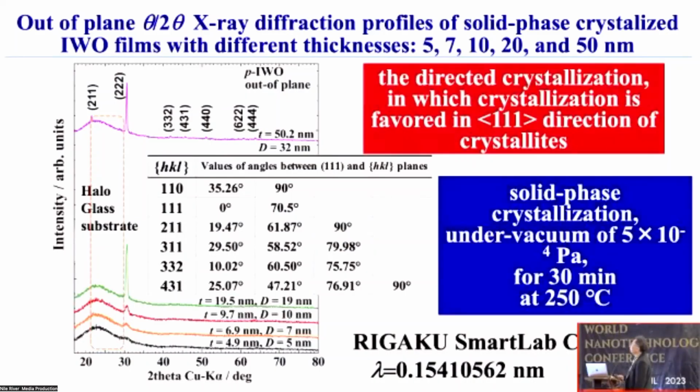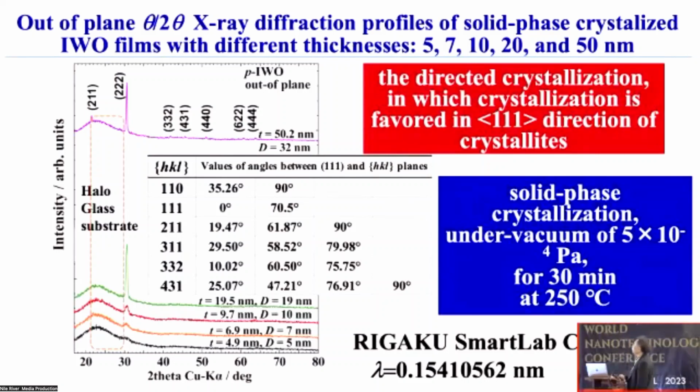And this is an experimental result of out-of-plane two-theta X-ray diffraction profiles of solid-phase crystallized IWO, tungsten-doped indium oxide films with different thicknesses: 5 nanometer, 7 nanometer, 10 nanometer, and 15 nanometer. You find strong intensity of the 222 diffraction.